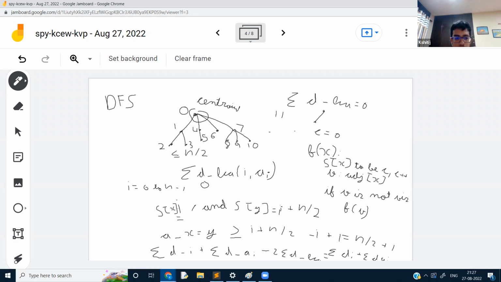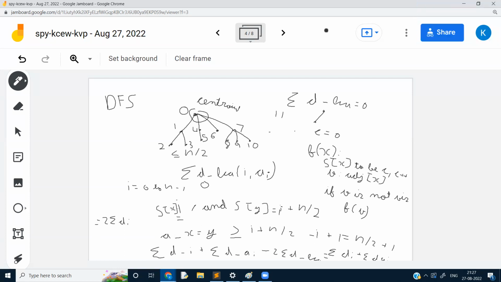And this is basically equal to 2 times the summation of depths. Like this, we had proven was an upper bound before, and this is the maximum value. So now we have solved the entire problem.